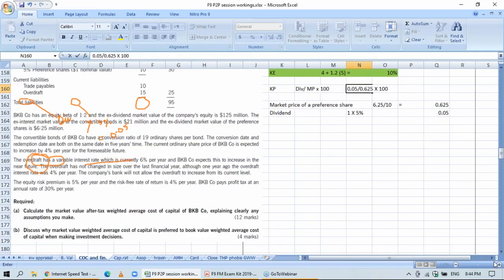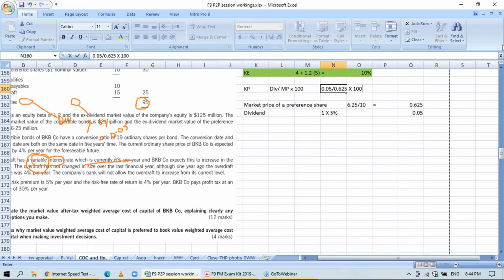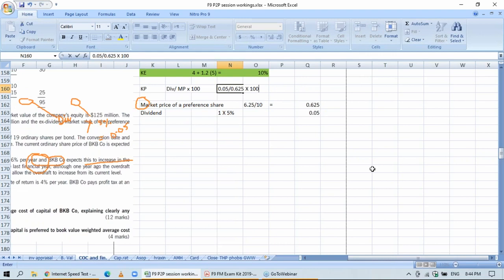This gives you the cost of preference shares, which is 8%. So 8% is the cost of preference shares, and now we'll move on to the cost of debt, the convertible bond.